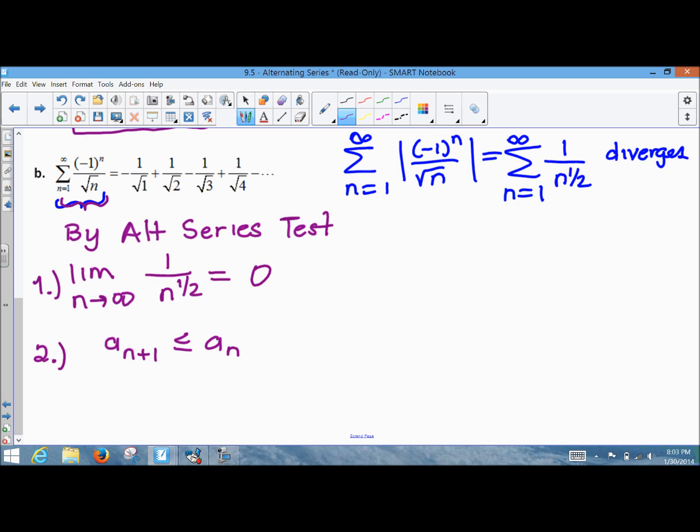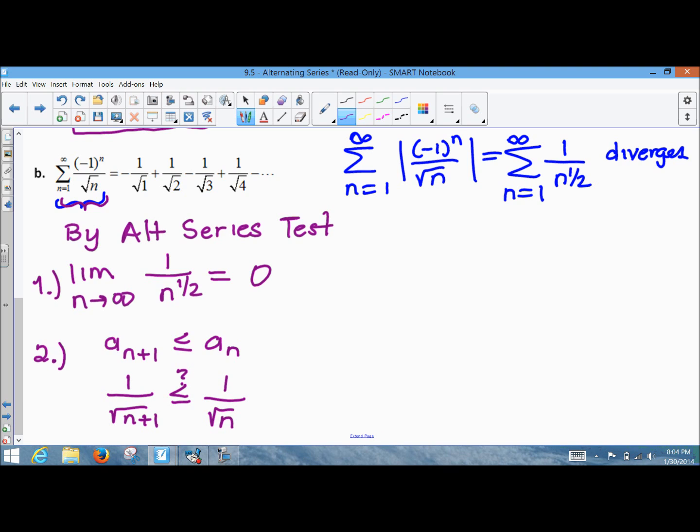The best way to show this is to take a look at the denominator, this radical n, and change out the n with an n plus 1 to get the nth plus 1 term. Then question, is this a true statement?